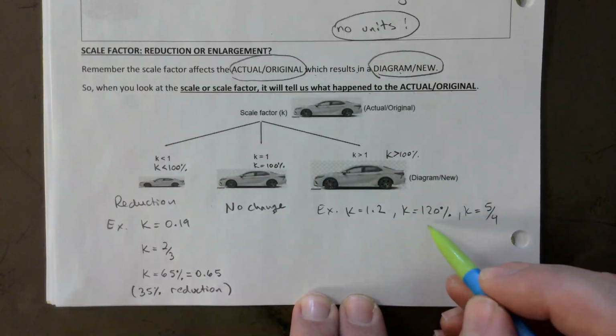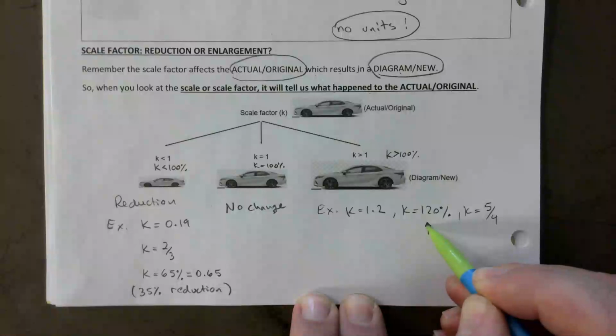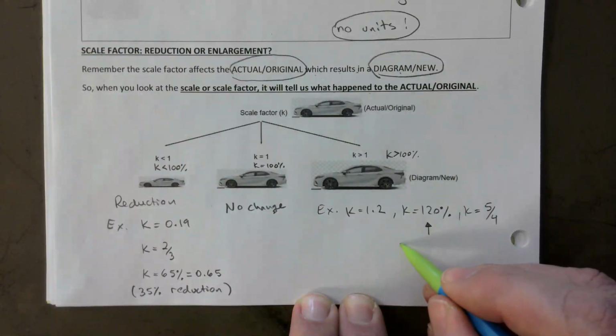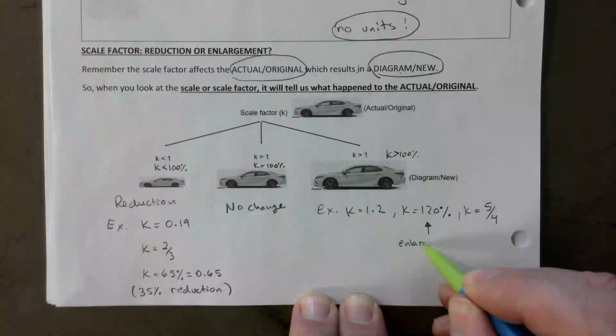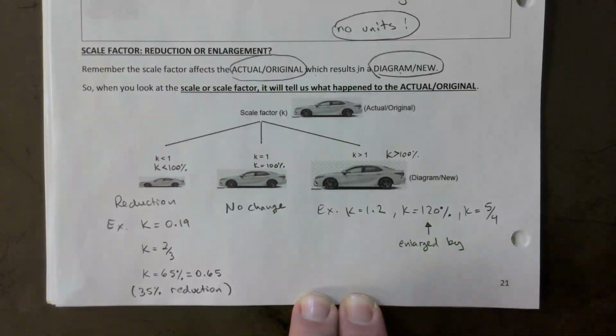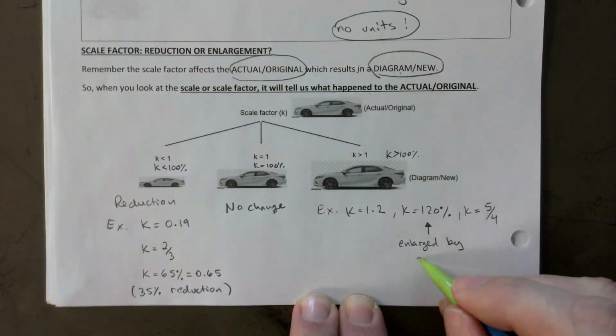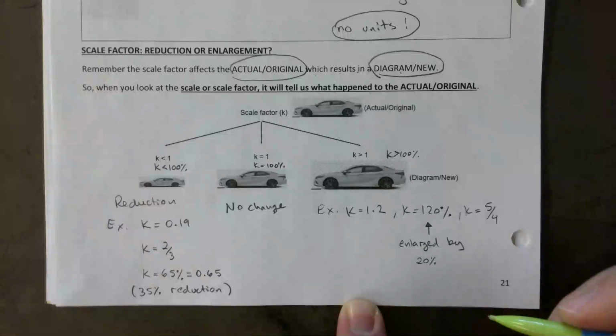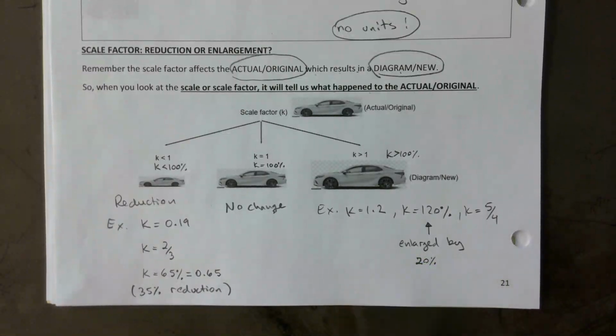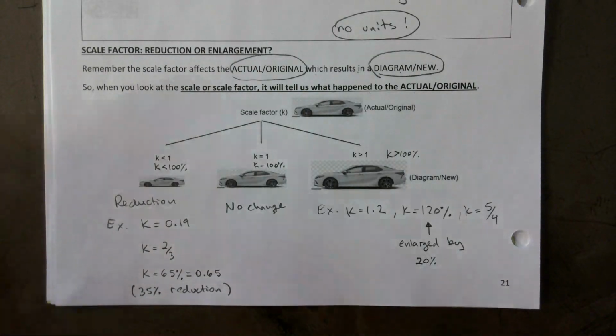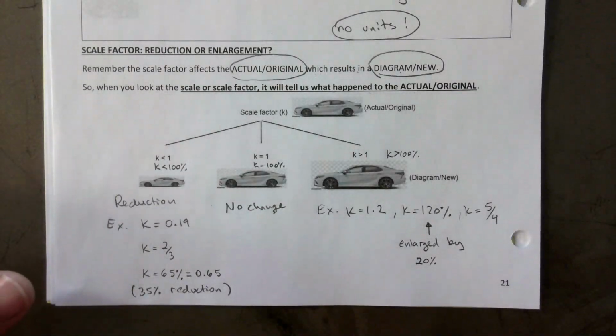If you have 120%, if the scale factor is 120%, it means that it has been enlarged by 20%, correct? So you went from 100 to 120. So that one is easier to see, but just remember that. What happened to 100%? Did it go down? Did it go up? All right. So knowing this, let's go and do some questions here.